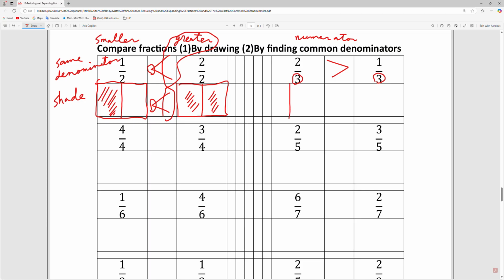And you may draw a picture to make a belief. 2 of them, and this is only 1. Obviously, 2 is greater than 1. So when you have the same denominator, you only compare the numerator. And you can draw the picture to believe it.